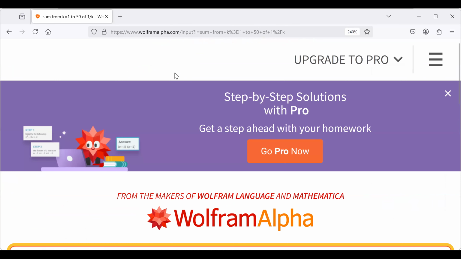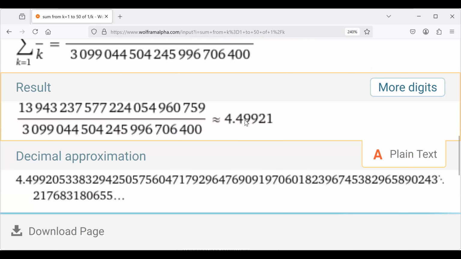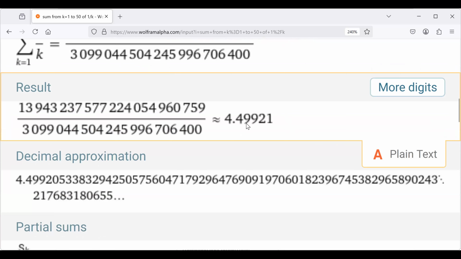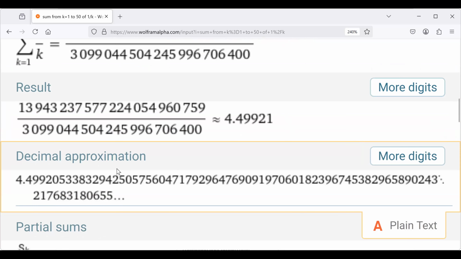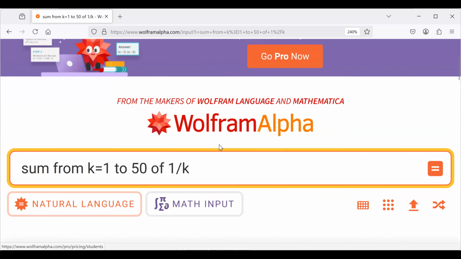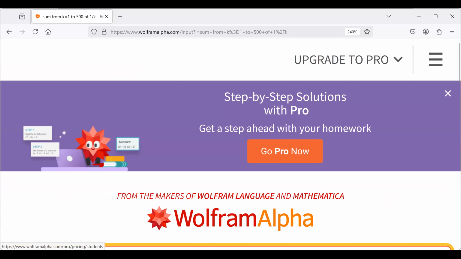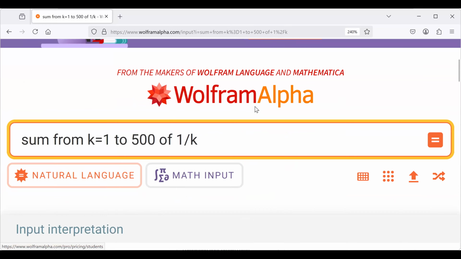So let's go from 5 to 50. And now we're at about 4.5, with an inconceivably useless amount of precision.